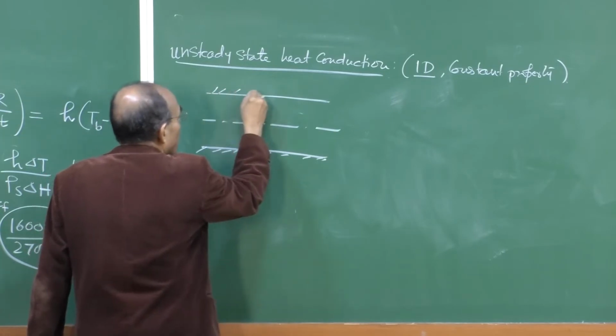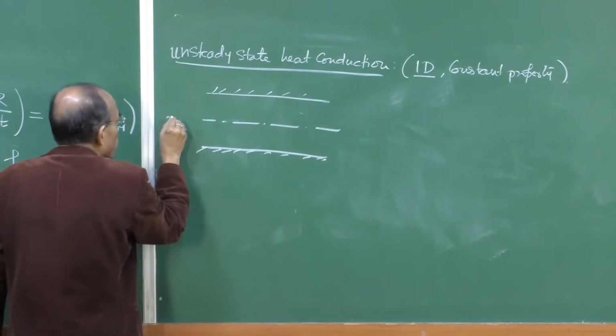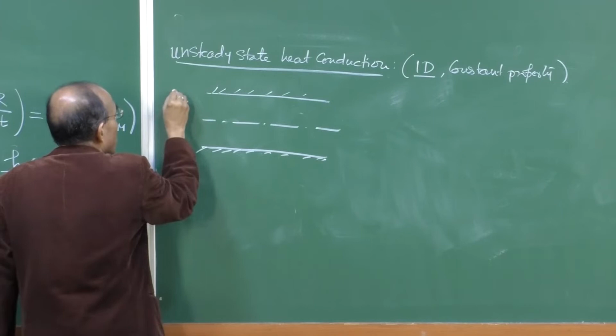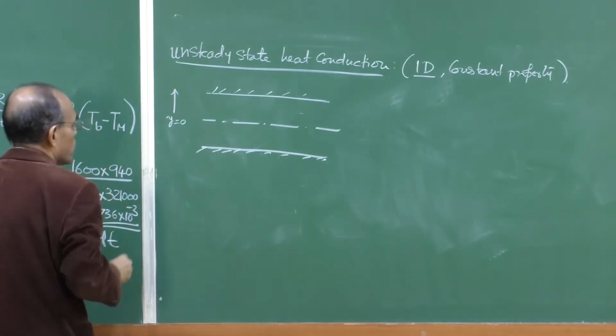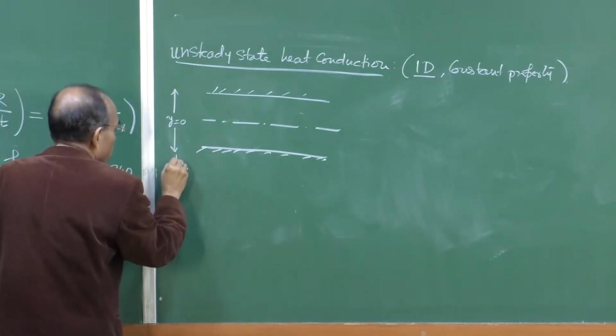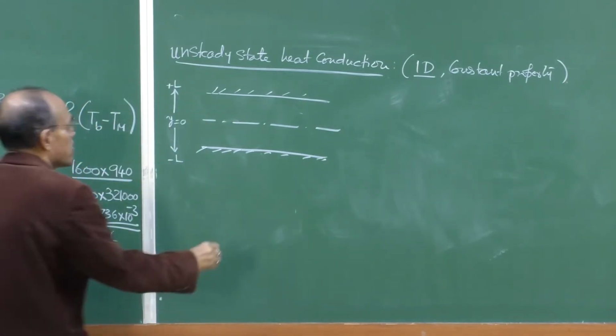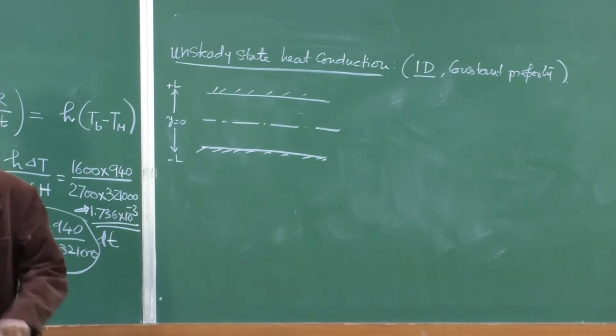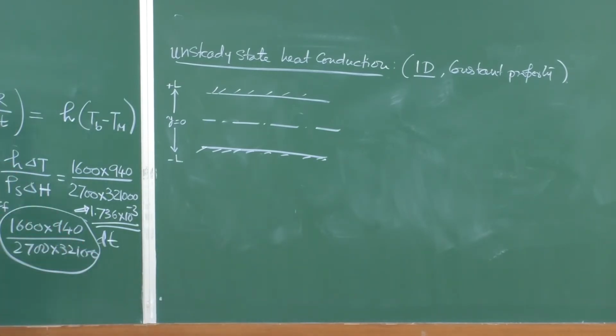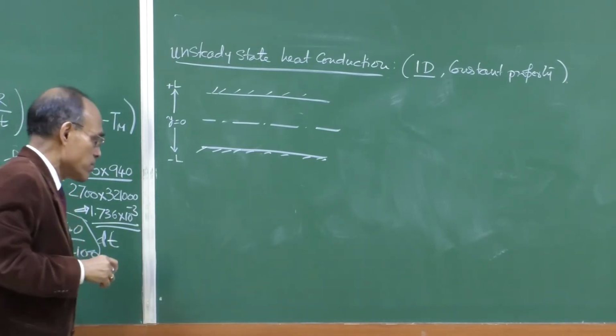So, y is equal to 0, this is y is equal to minus L, this is y is equal to plus L. The x and the z directions are infinite. There is no heat transfer along the x and z directions.